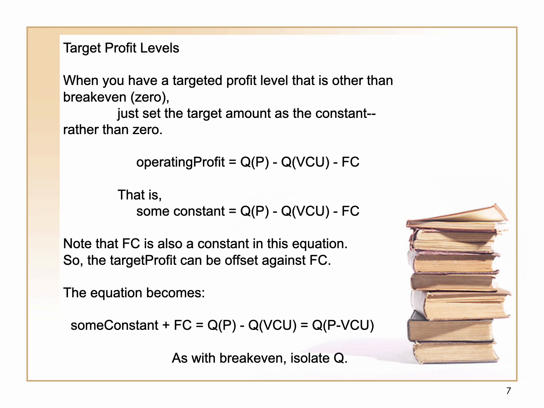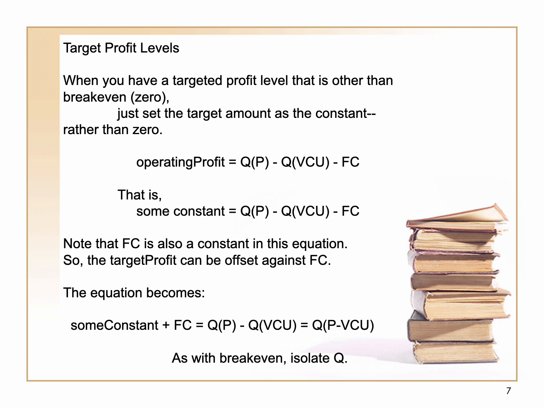So operating profit, going back to the same formula, is quantity times price minus quantity times the variable cost per unit minus fixed cost. If we have a target profit level, operating profit gets substituted for some constant, whatever that desired target level is, and then we go about the same solution.